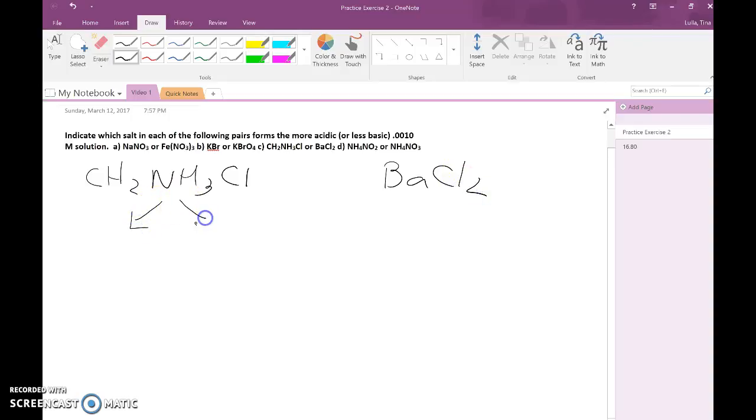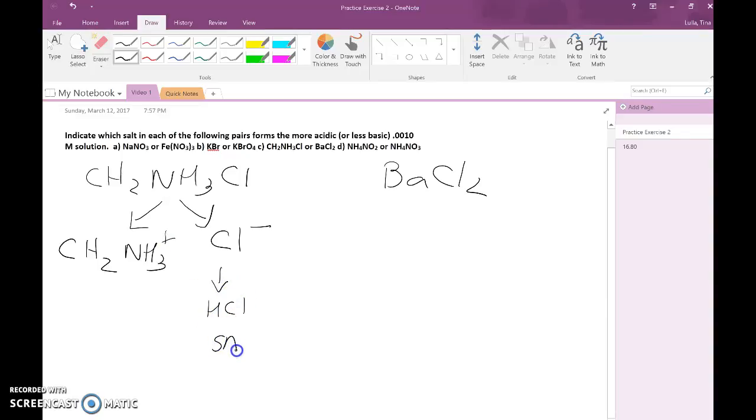Okay, so I know my anion is Cl minus, so I guess my cation has to be all of this stuff, so that's going to have a plus charge there.